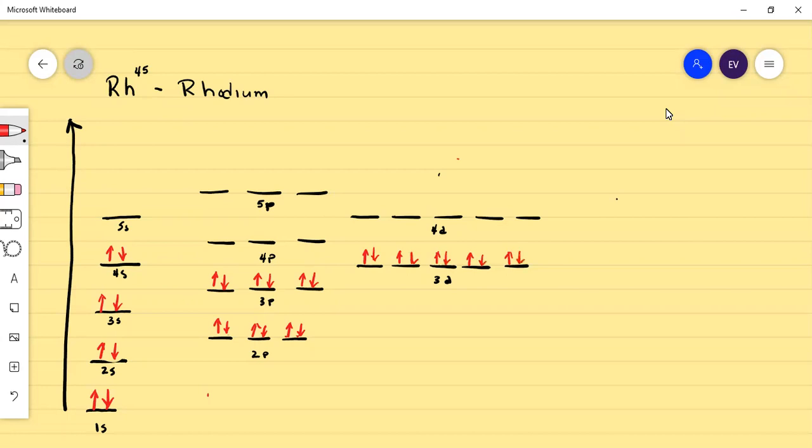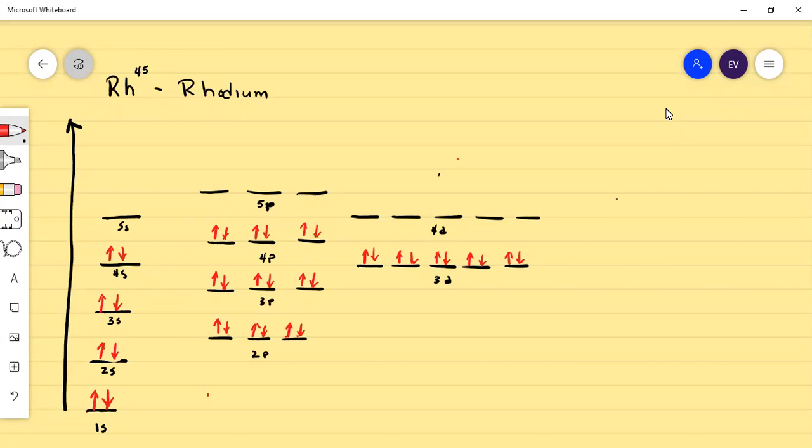Then from the 3d, we go to the 4p. This one starts with element number 31. This is gallium, germanium, arsenic, selenium, bromine, and krypton.